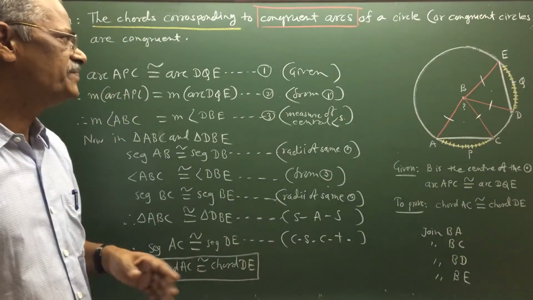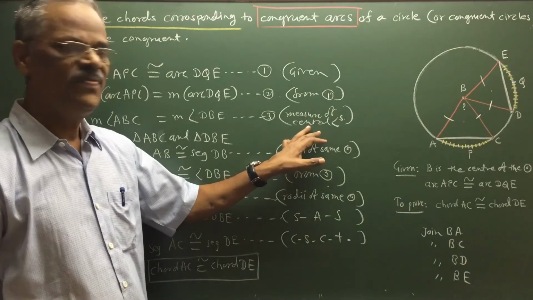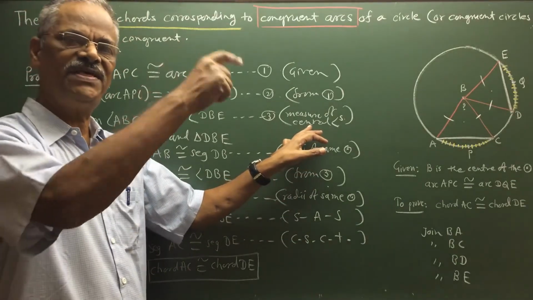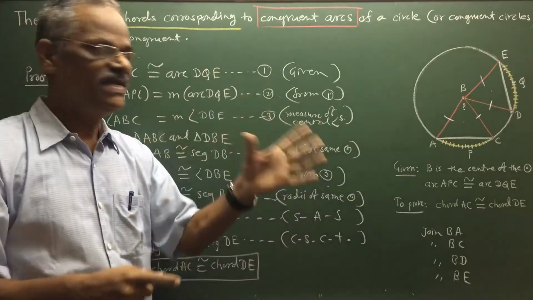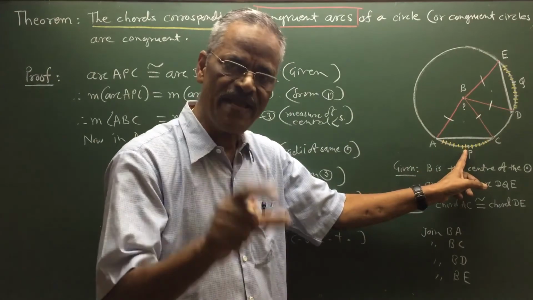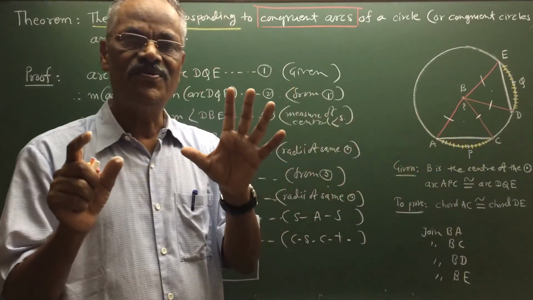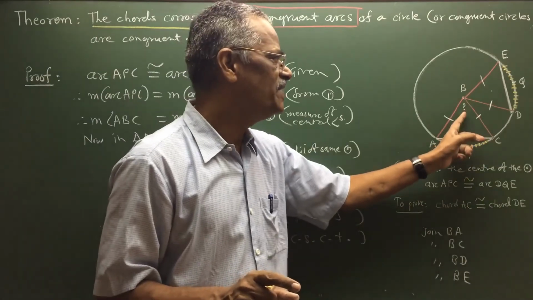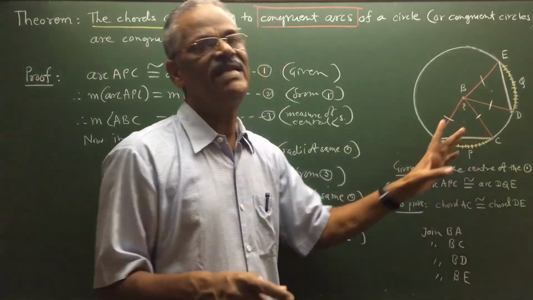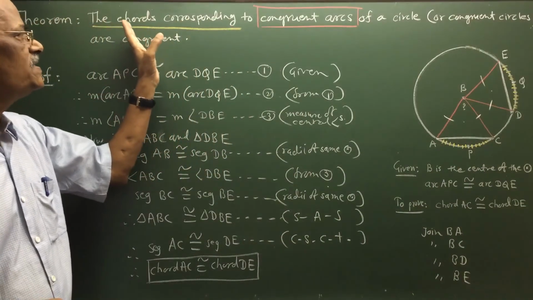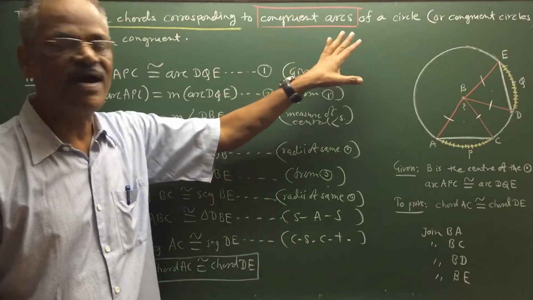So by using the definition of measure of arc, it corresponds with the central angle. The central angle and the corresponding measure of the minor arc are equal. We are using the property of measure of arc with respect to the central angle. So this is the proof of this theorem: chords corresponding to congruent arcs.